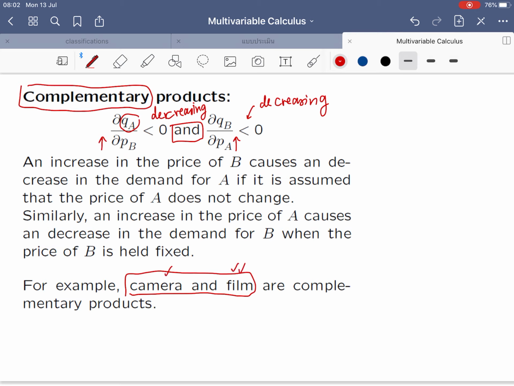If you buy a camera, then of course you need to buy film. Or if you have film, you need a camera to use the film. So these two are complementary, and now they come back, the teenagers use a camera and a film.